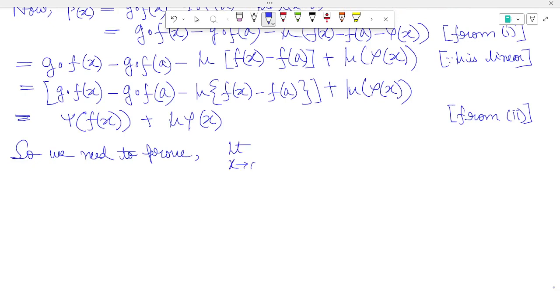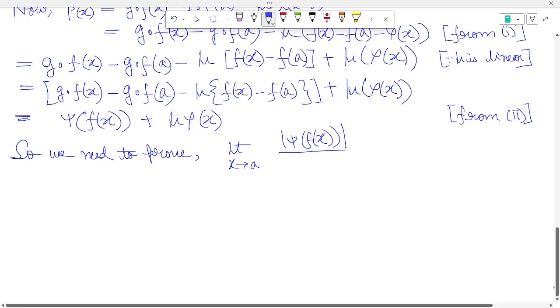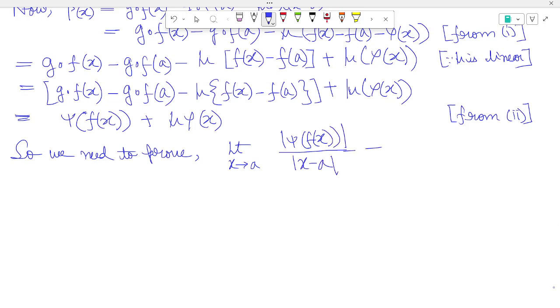Limit x tends to a of psi of fx by mod x minus a equal to 0. That is equation number 6. And limit x tends to a, separately I will prove that, mu of phi x by mod x minus a.